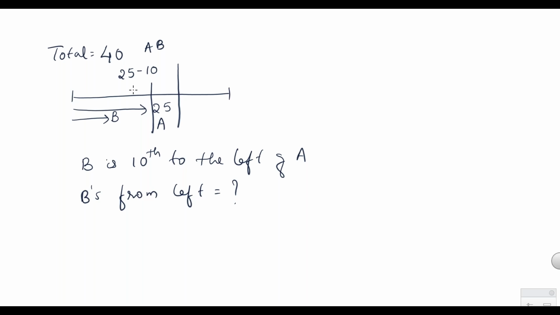We are not subtracting A. Let's consider we are not subtracting A. Now what is remaining? 15, right? So 25 minus 10 is 15.